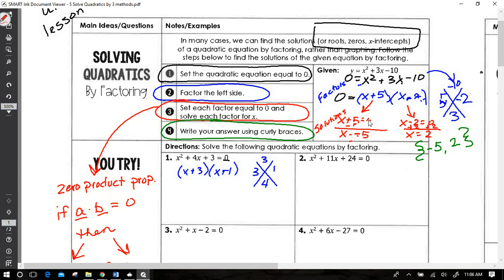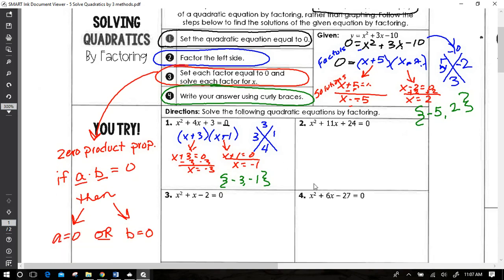Now I am ready to solve these two factors and get my solutions. x plus 3 equals 0, x plus 1 equals 0. So I have x equals -3, x equals -1. Those are my solutions. And so I'm going to take those two solutions and write them in my curly braces. And I'm finished.